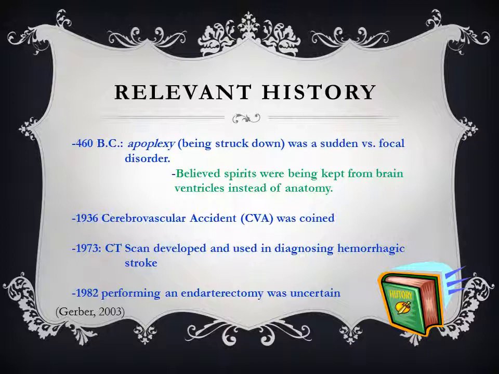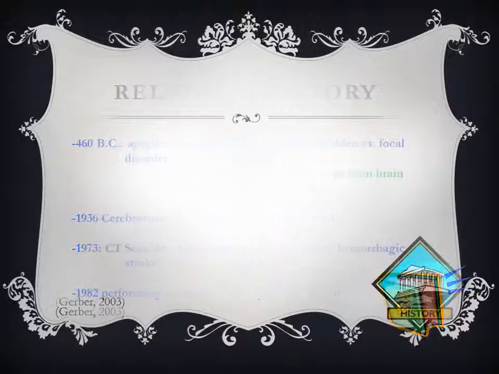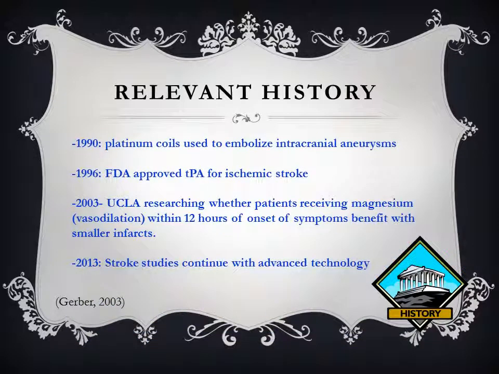In 1973, the CT scan was developed and was used in diagnosing hemorrhagic strokes. In 1982, performing an endarterectomy was uncertain. In 1990, platinum coils were used to embolize intracranial aneurysms. However, the stability of these coils was still uncertain at this time.